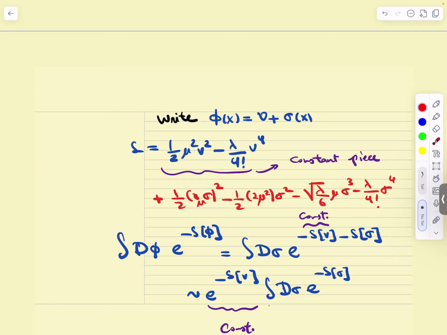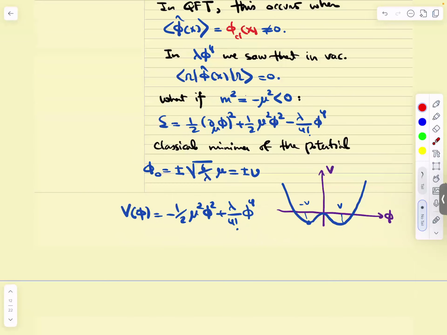This is the guy that has the creation and annihilation operators. With this language, I'm quantizing my field around this point. Good?